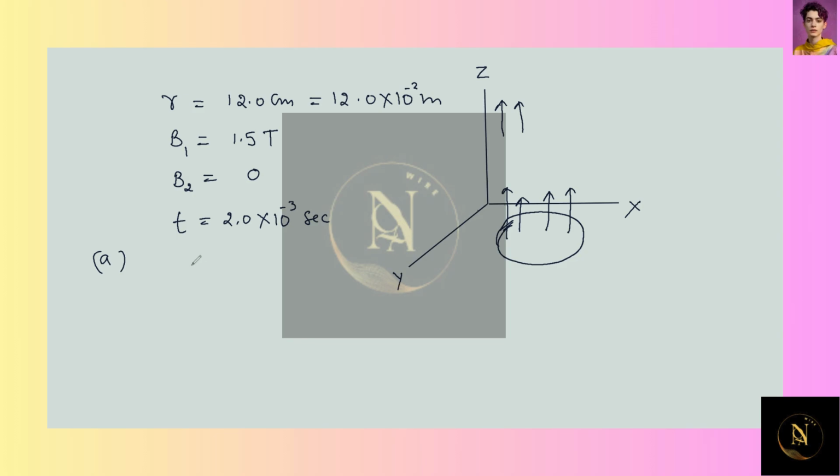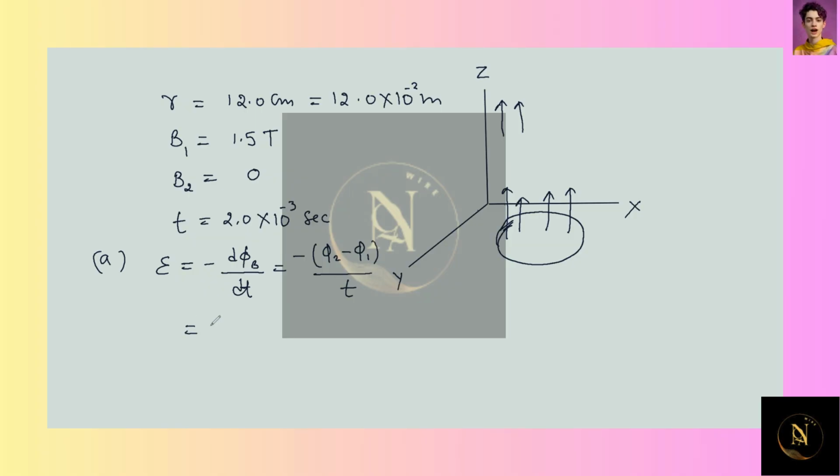So, using Faraday's laws of electromagnetic induction, the EMF induced in the coil is given as the time rate of change of magnetic flux linked through this coil, or it can also be given as the change in magnetic flux, phi 2 minus phi 1, per unit time.